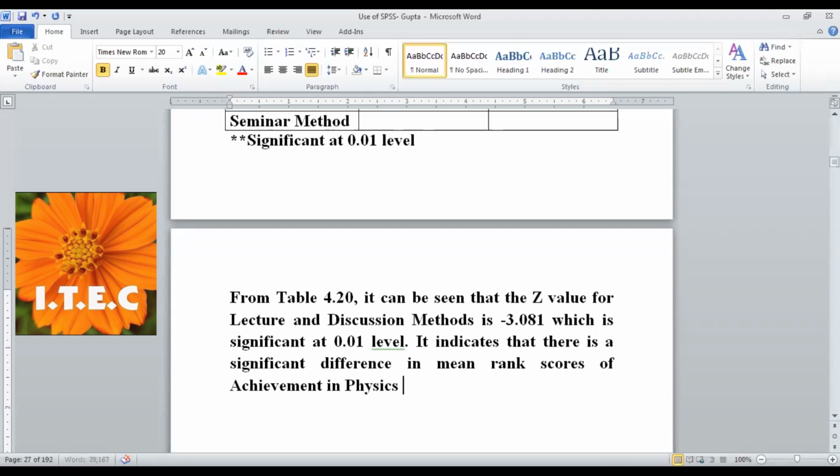Achievement in physics of students taught through lecture method. So there is a significant difference in mean rank scores between lecture method and discussion.